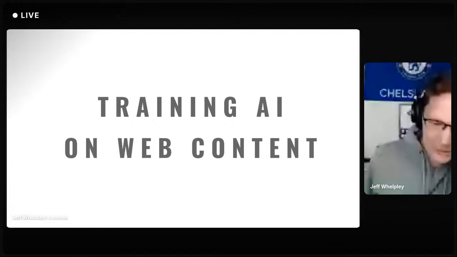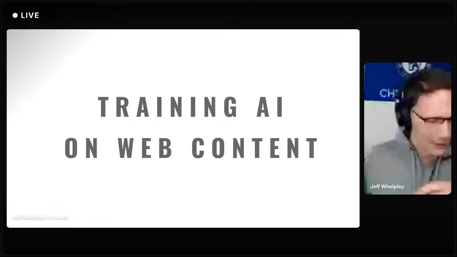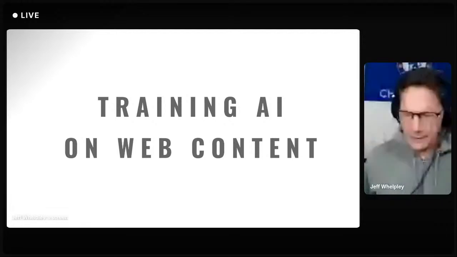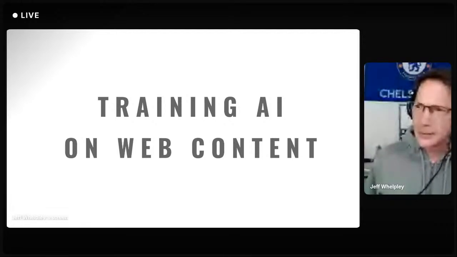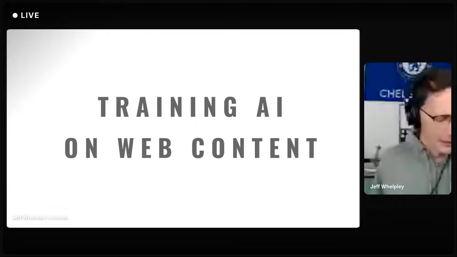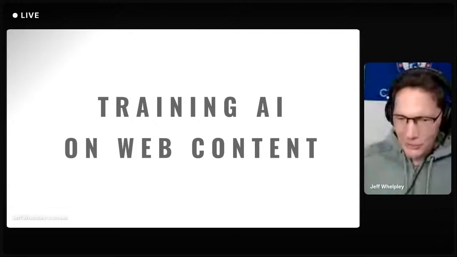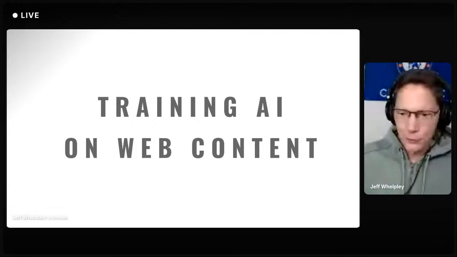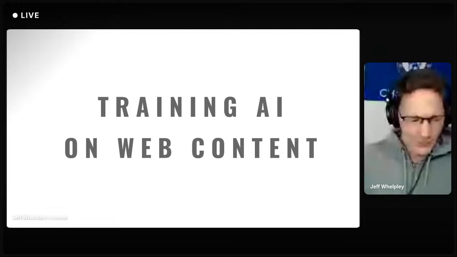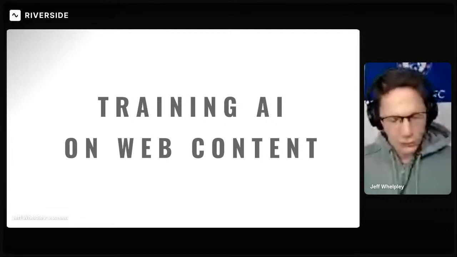One thing I'm going to mention: I started to check out Exa.ai. Exa, I don't know how I'm saying it, but they're building a service specifically for AIs to make it easier for them to search through and train on the web.